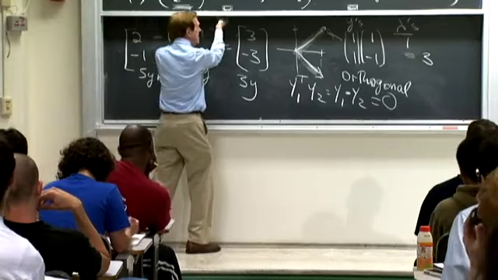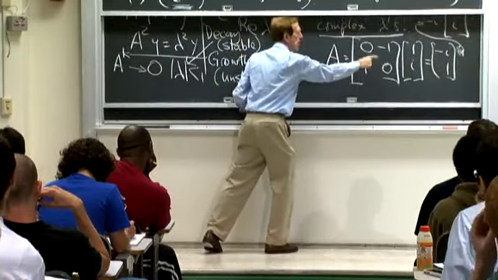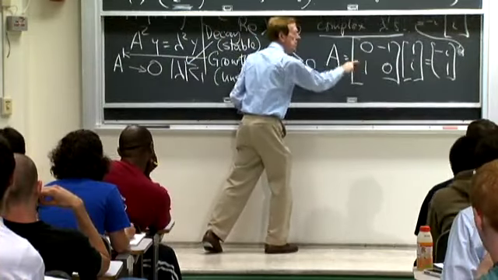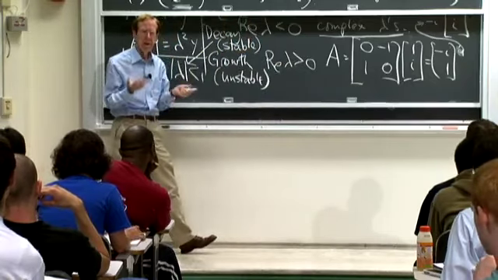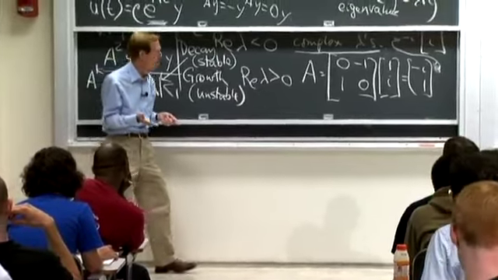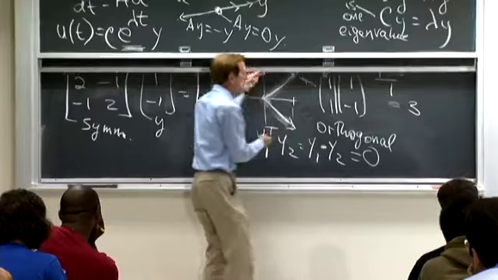Remembering what was on the board for this anti-symmetric matrix, its eigenvalues were imaginary, actually, an i there. Okay, here's the opposite.